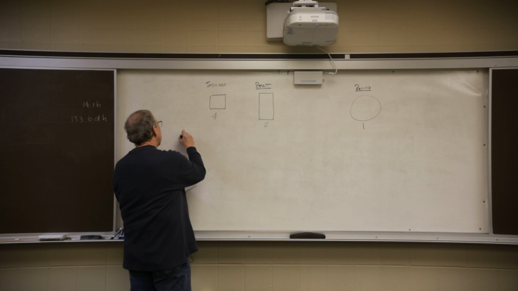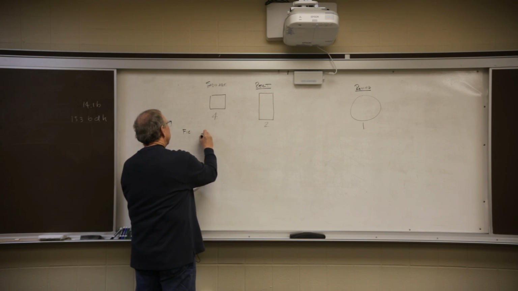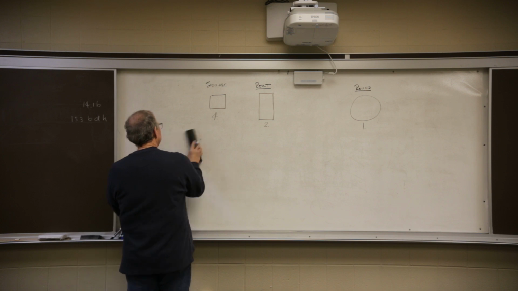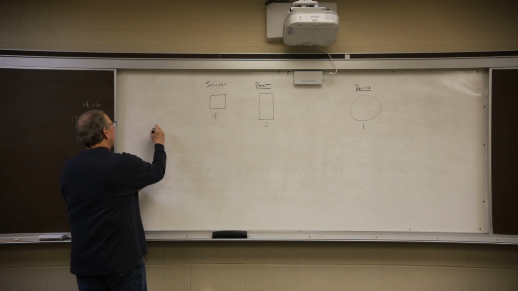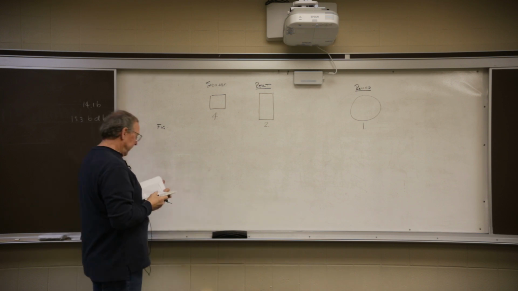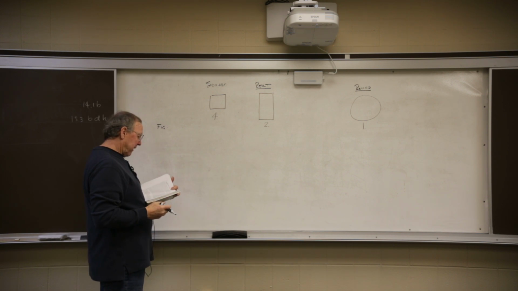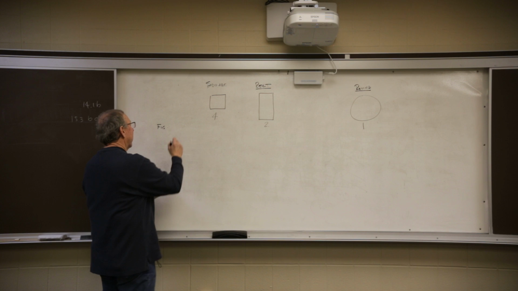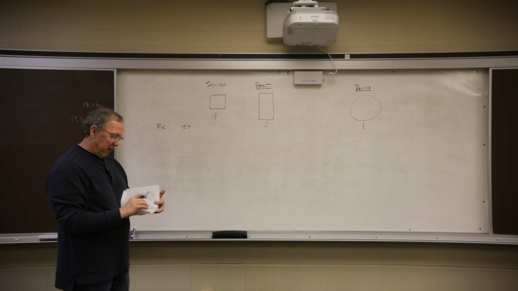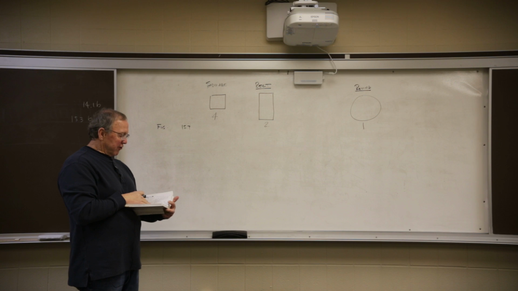Figure 5. I'm going to move this over a little bit because I've got 4 of them to put underneath this rectangle. The figure on page 507 is 15.7. It says square. Turn the page.